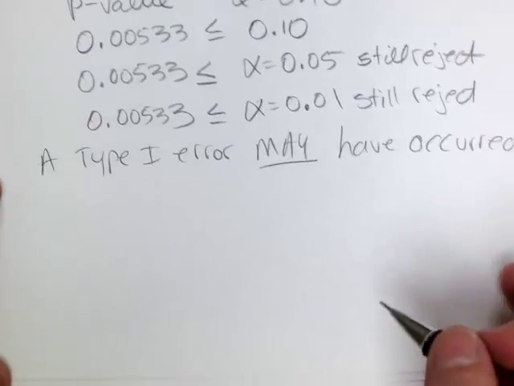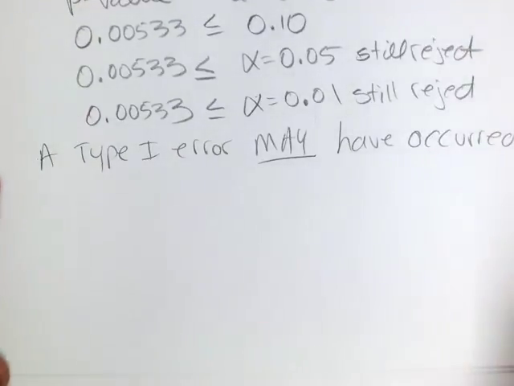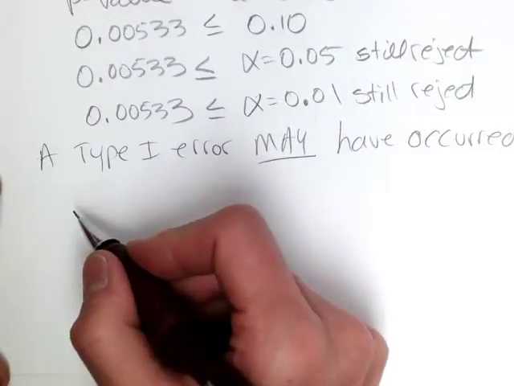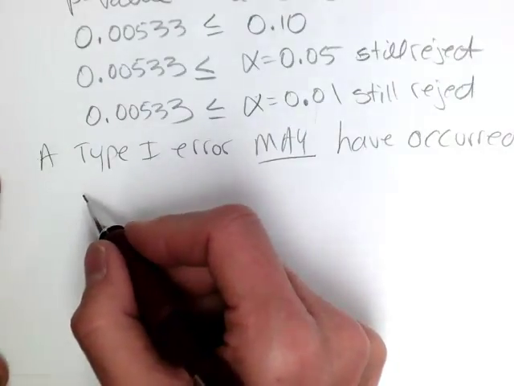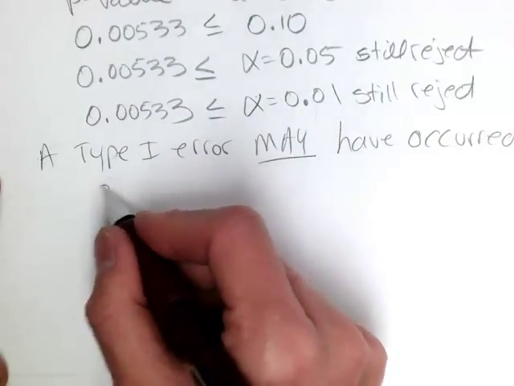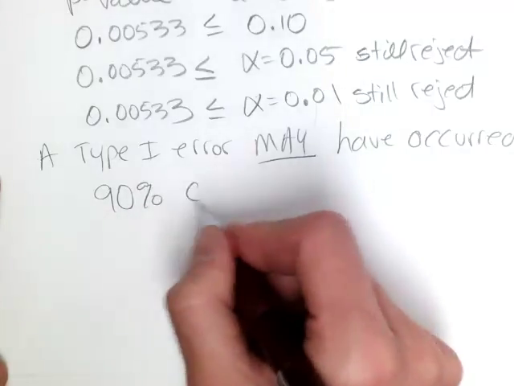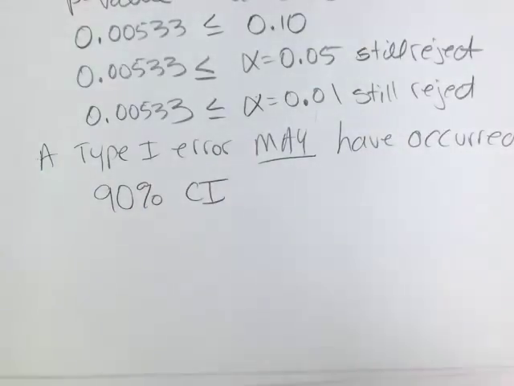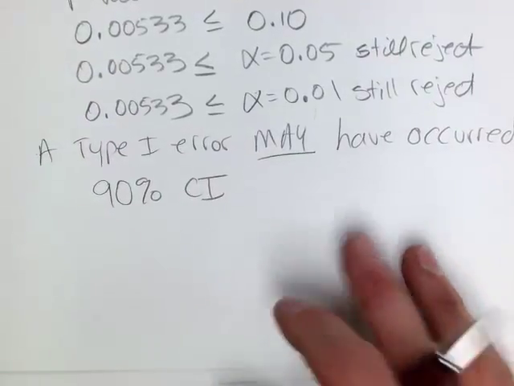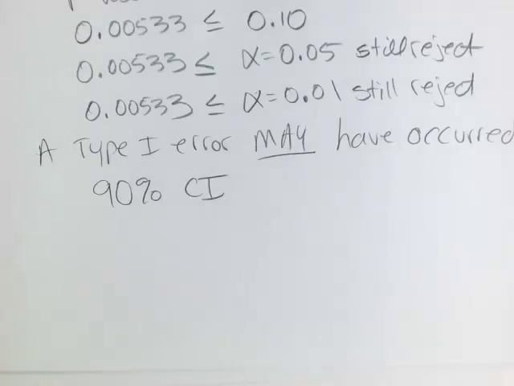Last but not least, now I don't ask for this in the lab, but let's take a look at the corresponding confidence interval. If alpha is equal to 0.1, then we would be finding a 90% confidence interval. Your book has the formula for the confidence interval for the difference between two means when you're dealing with independent samples, but I'm going to get this in the calculator.